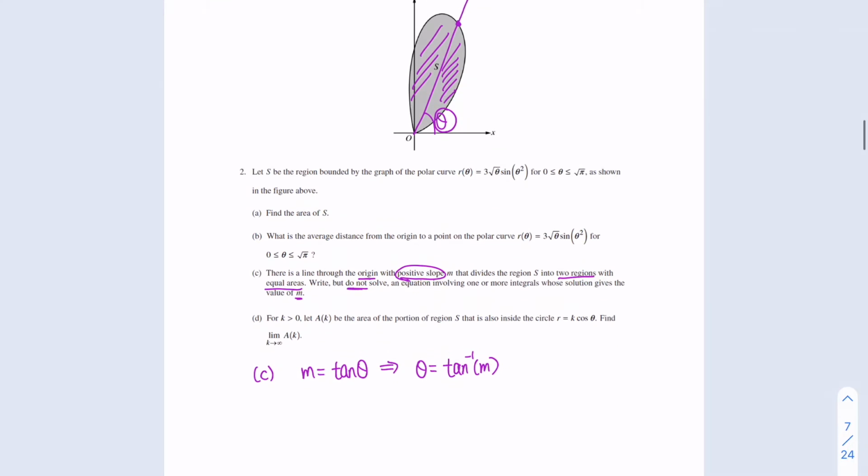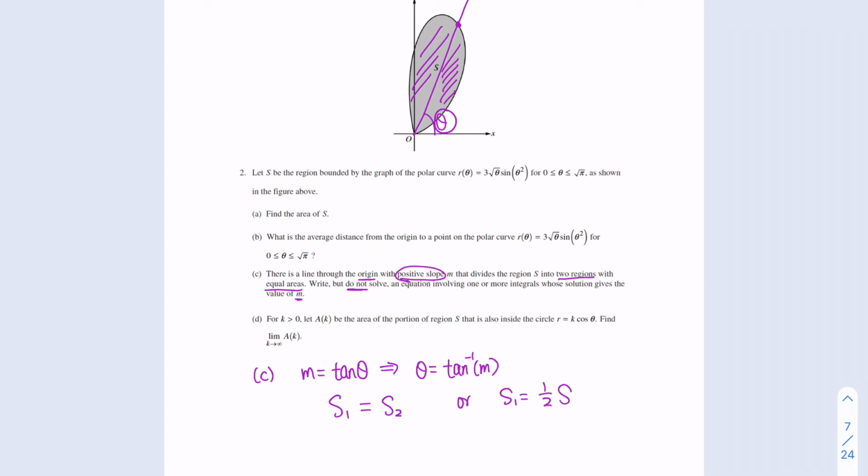For the area, we are going to use S1 equals S2, or you can use S1 equals 1/2 of the total area. So S1 will be 1/2 integral from 0 to theta of r squared d theta, equals 1/2 integral from theta to radical pi of r squared d theta.